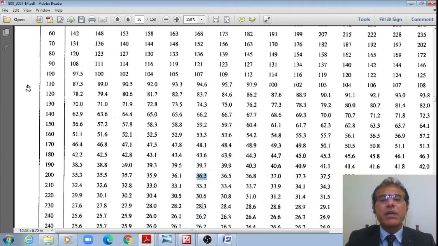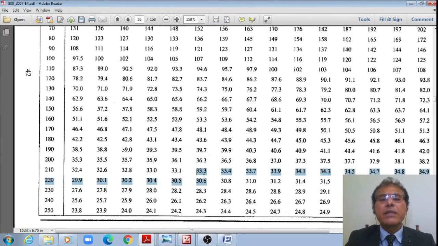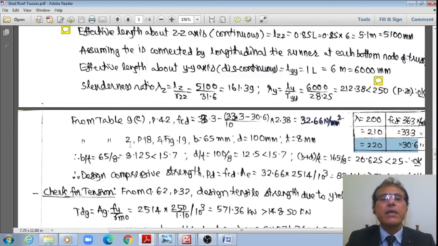Now I'll interpolate. Upon interpolation, I get FCD, the design compressive stress, equal to 33.3 minus (33.3 minus 30.6) divided by 10 multiplied by 2.38. It works out to say 32.6 MPa.